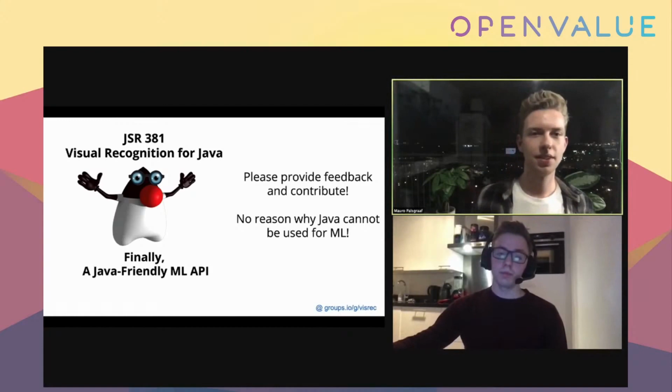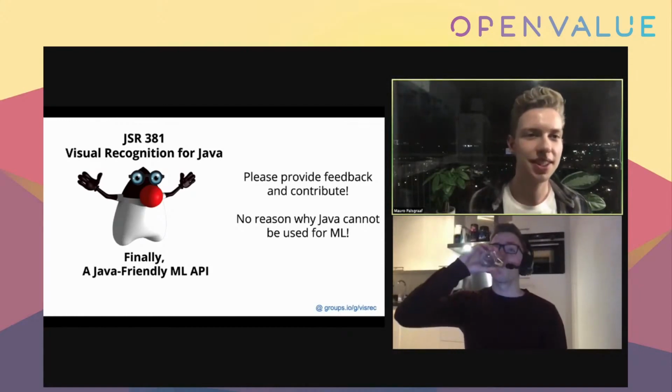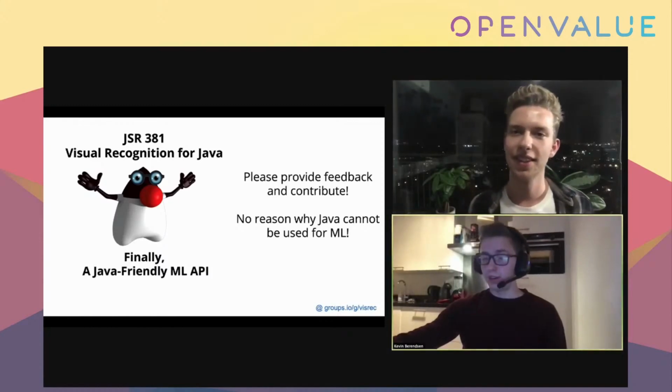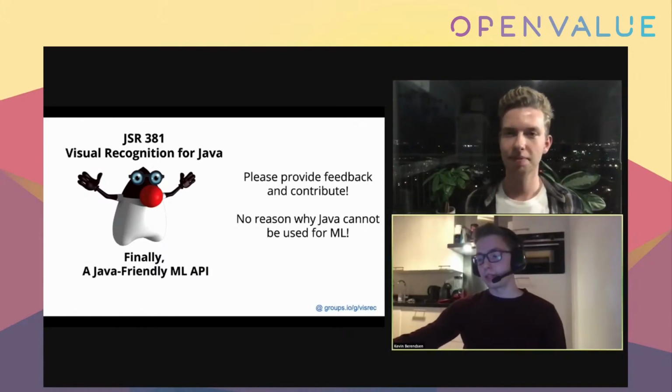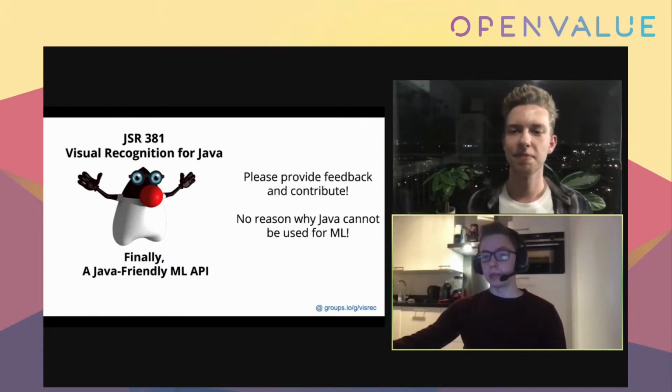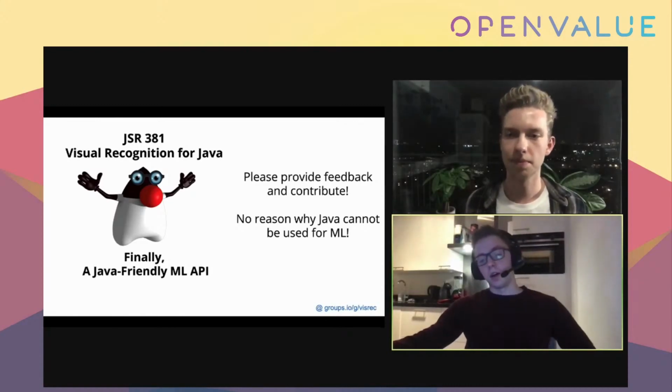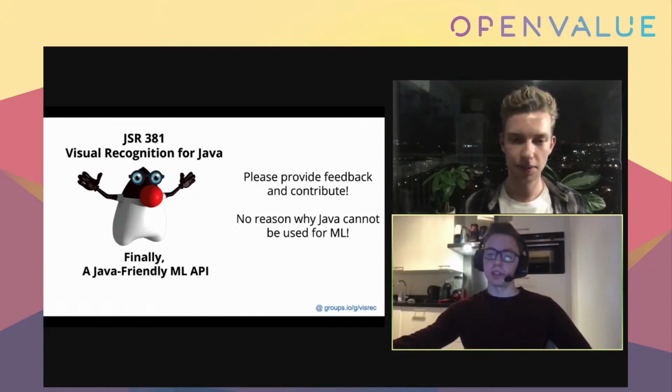Sweet. And the last question is, what are the next steps for JSR 381? There are missing pieces that we still want to implement and ship with this JSR, otherwise we would have to create a new specification request. For example, we primarily focused on image classification, but we still want to do object detection as well.